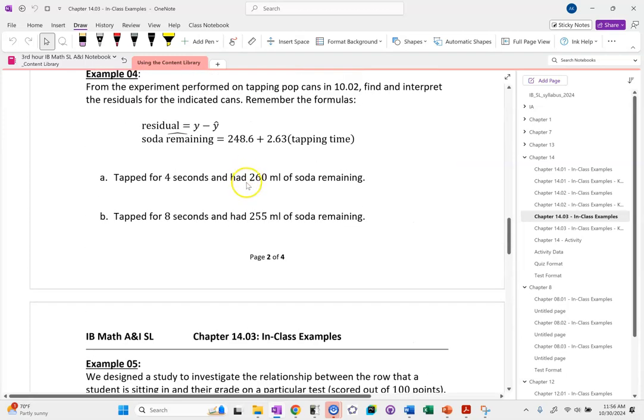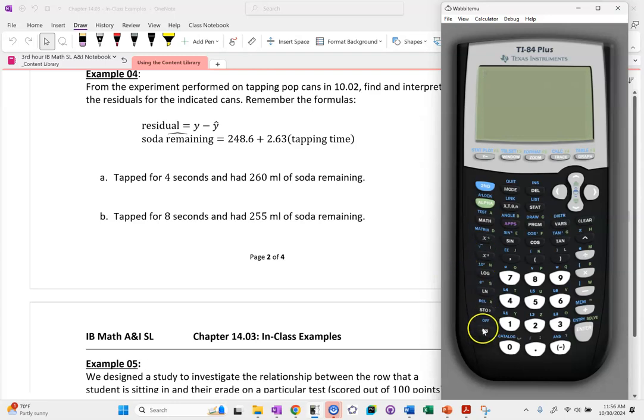So who can calculate the residual for that? It's just the observed minus predicted. So 0.88 milliliters.